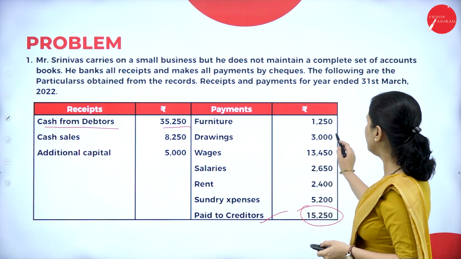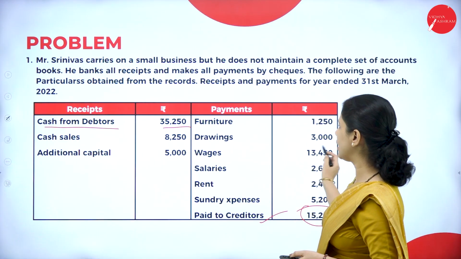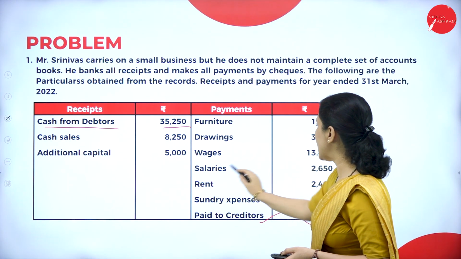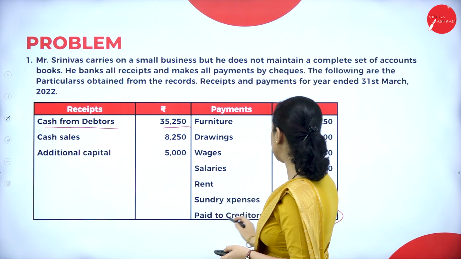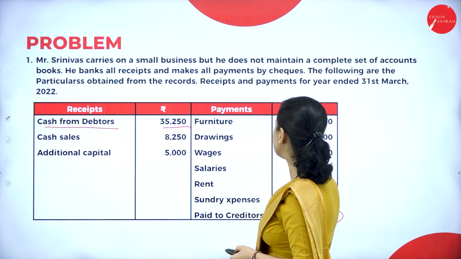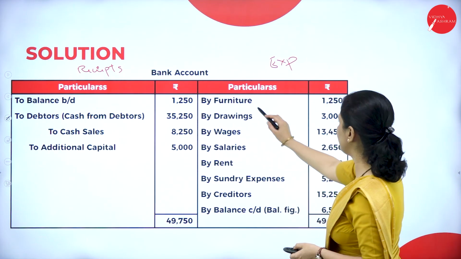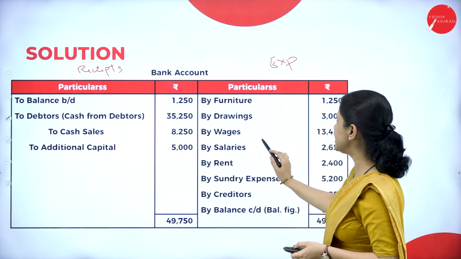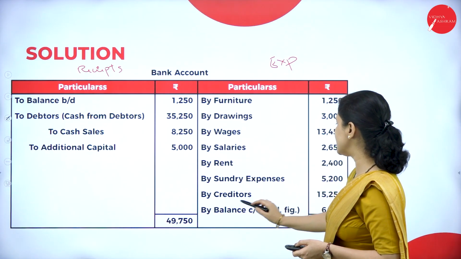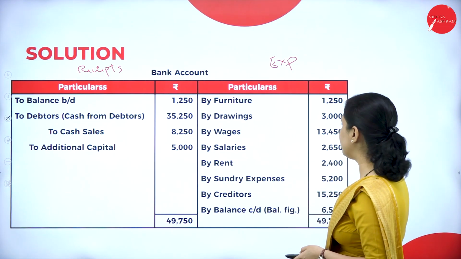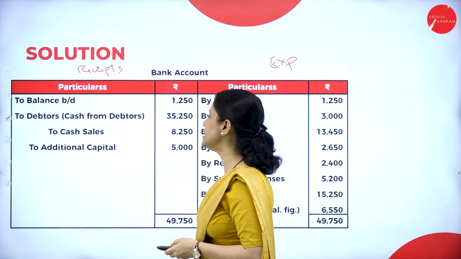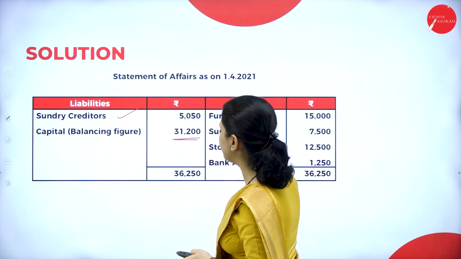Furniture, drawings are also payments or expenses; wages will come, salary will come, rent will come, and sundry expenses, and also payments to creditors. See here: furniture, drawings, wages, salary, rent, sundry expenses, creditors, that will come here. All the receipts, what are all the receipts?